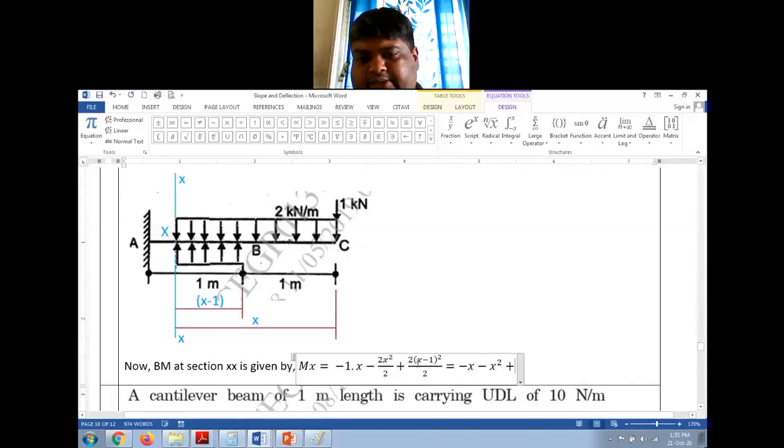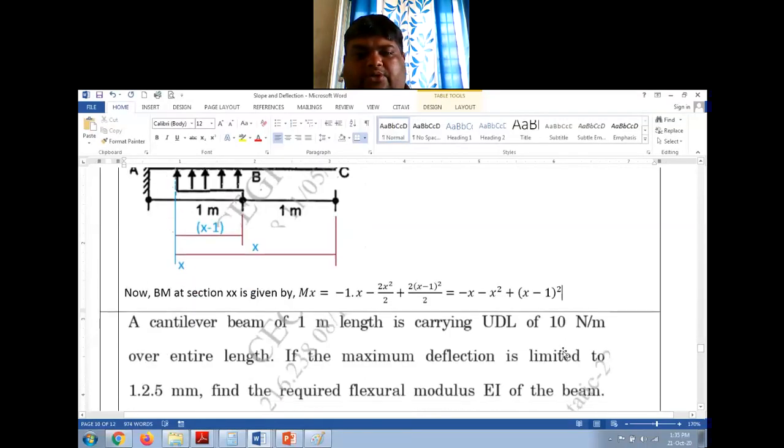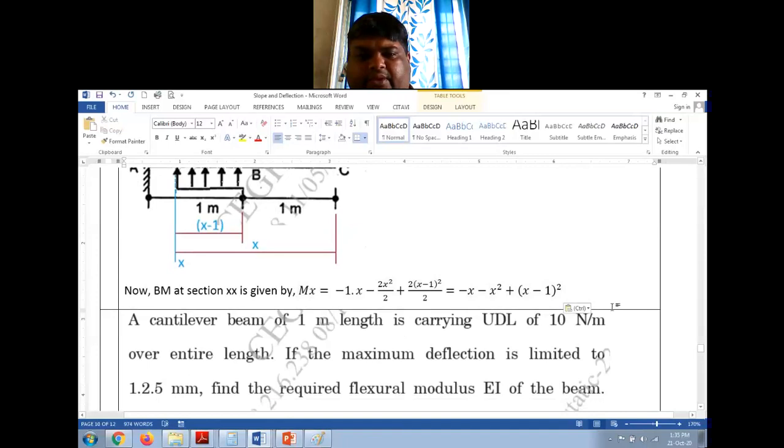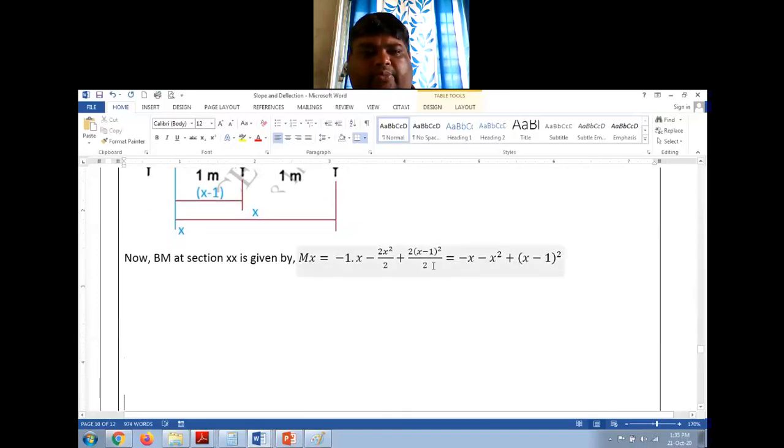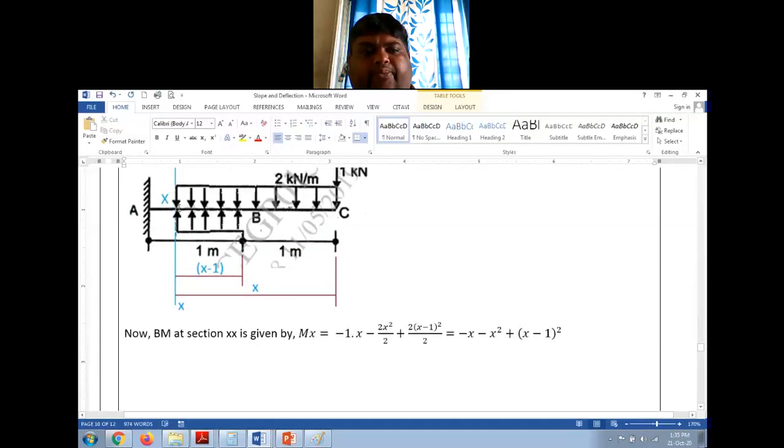Here also 2 by 2 gets cancelled. So what remains is (x minus 1) whole square, right? So this is my equation for finding the bending moment at any point x from the free end.